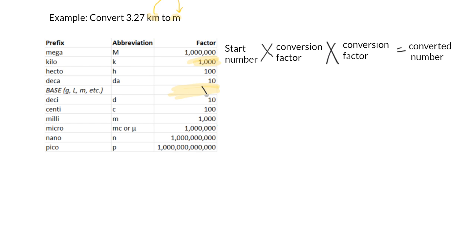And now we just plug in our numbers. So it's 3.27 times 1,000 times 1. Our conversion factors just come from the chart. So that's where the 1,000 and the 1 came from.